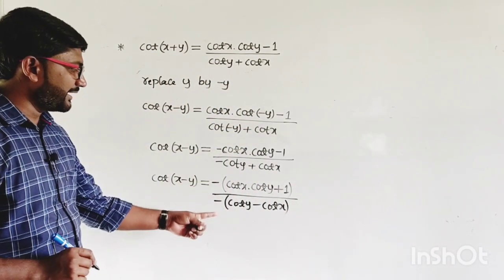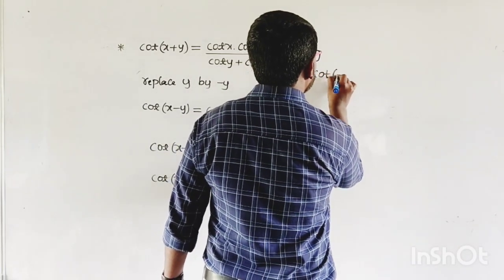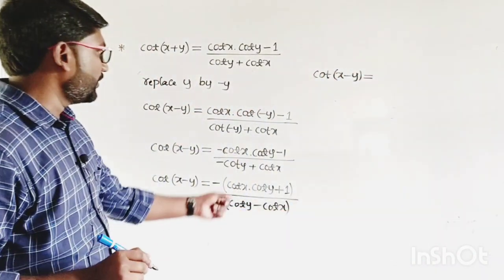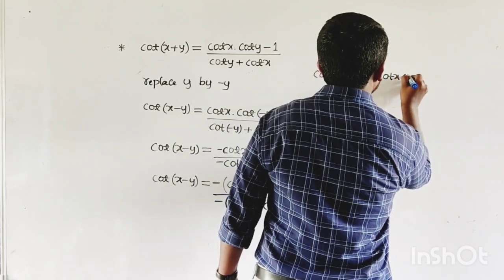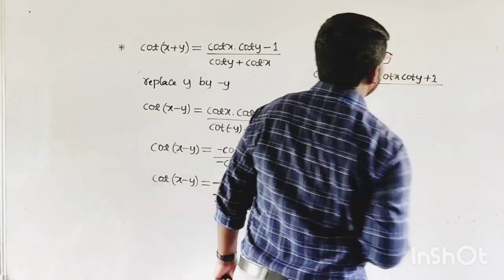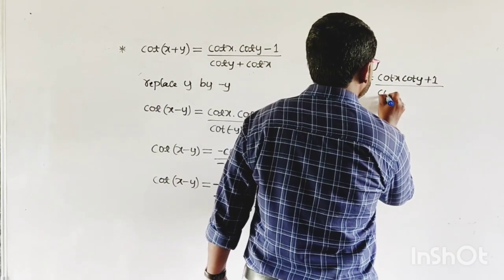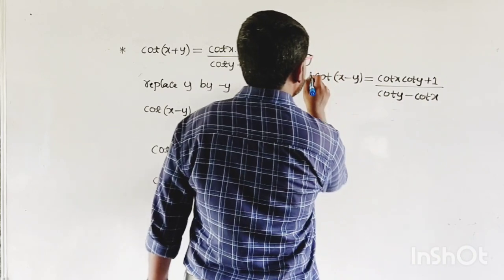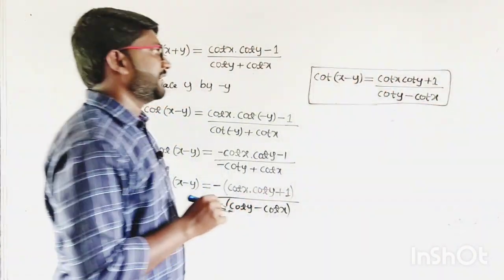So minus by minus is plus. Overall we write cot of x minus y is equal to cot x cot y plus 1 divided by cot y minus cot x. So this is the formula for cot of x minus y.